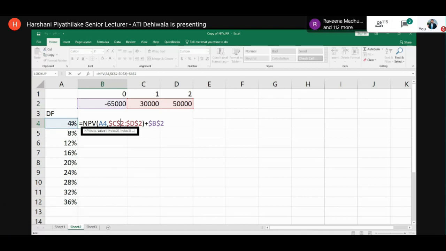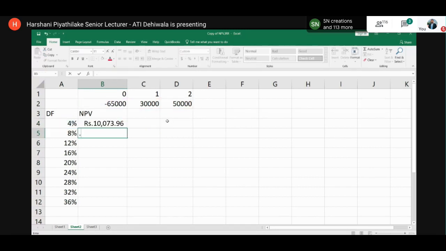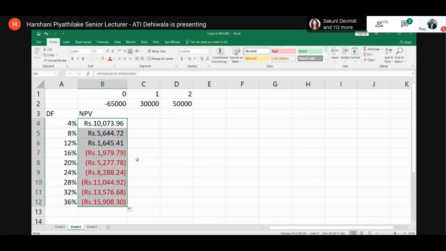This is the discounting rate. We keep this one as relative because when we copy down, it should change as 4%, 8%, likewise. Right? Okay, then press enter and copy this formula down. Then you can take all the NPV results at once.